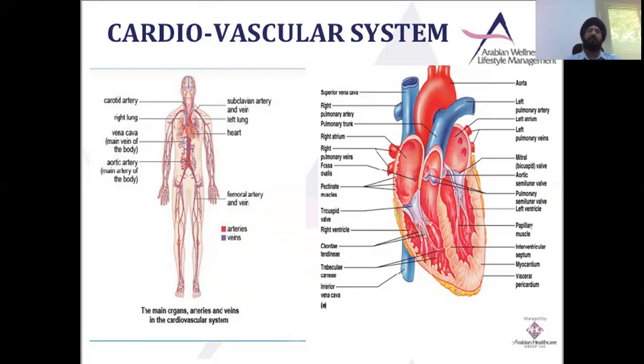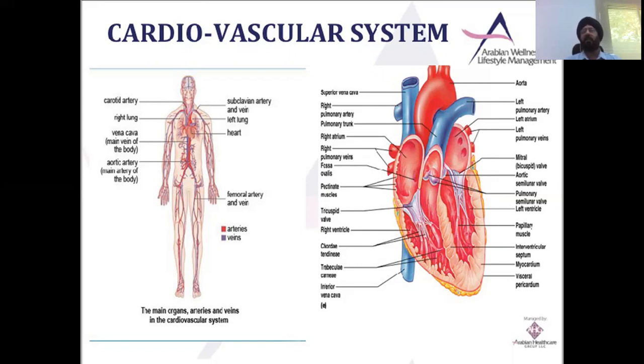The cardiovascular system is a complex system which comprises the heart and a vast network of blood vessels. The heart is a muscular structure generally known as the pump house of our body, which has two halves, the right side and the left side.